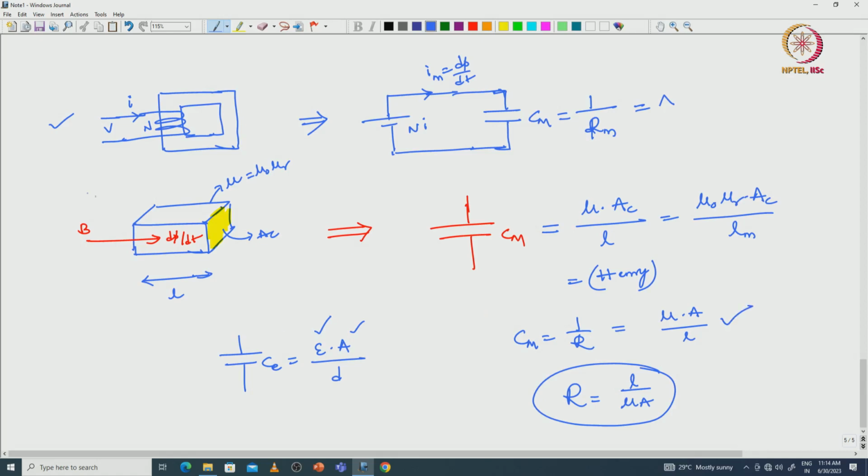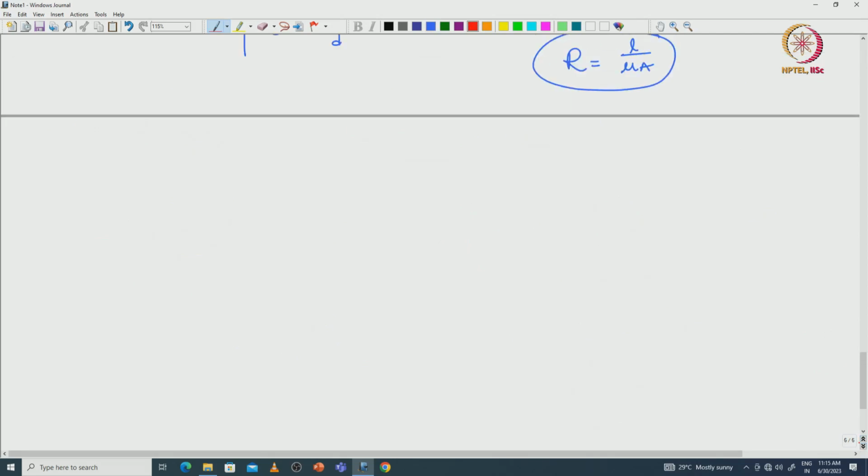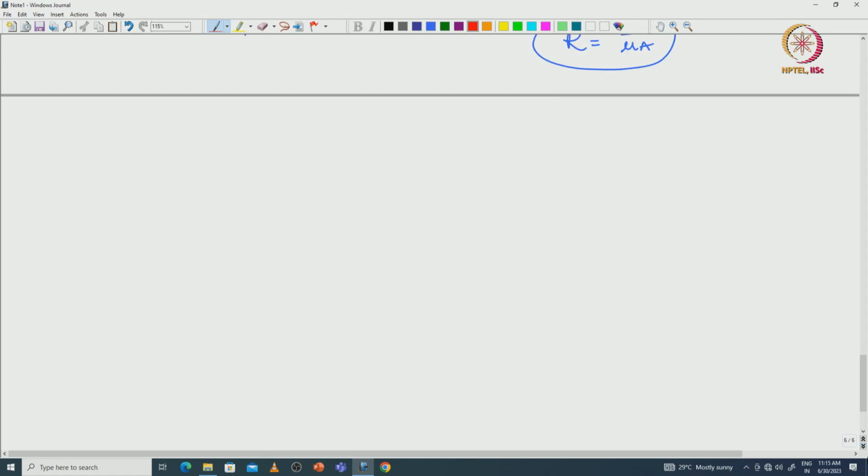If we apply KVL in this circuit, the voltage with respect to the source should be equal to the voltage with respect to the capacitor. As per the electrical circuits analogy, KVL should match.